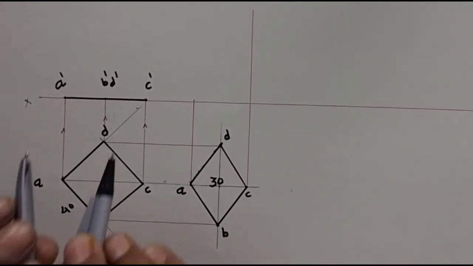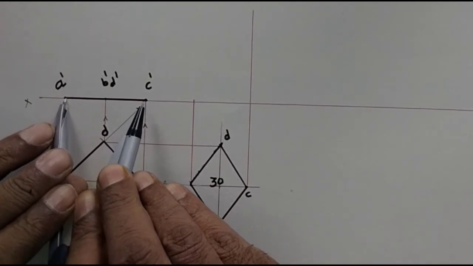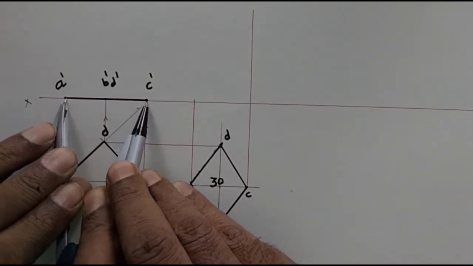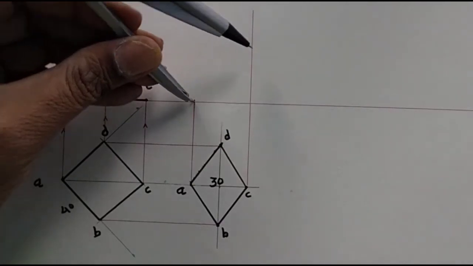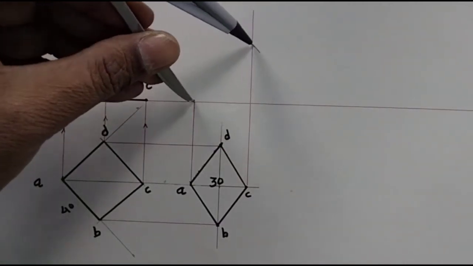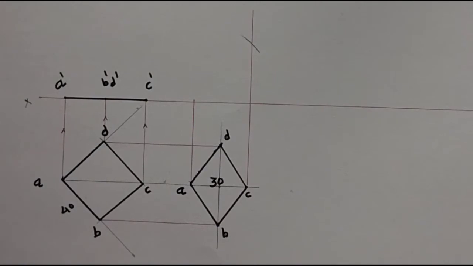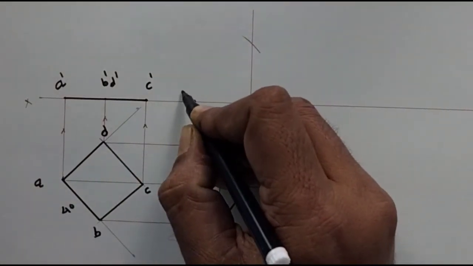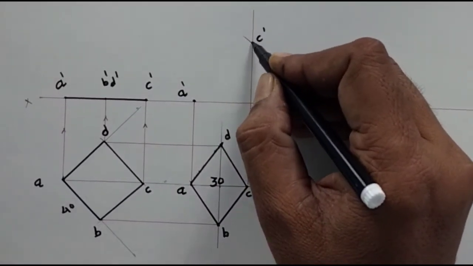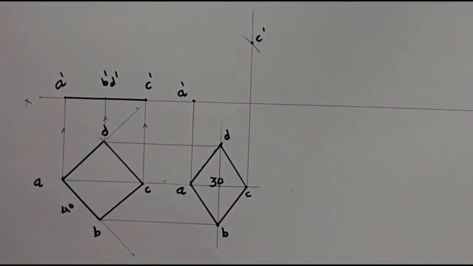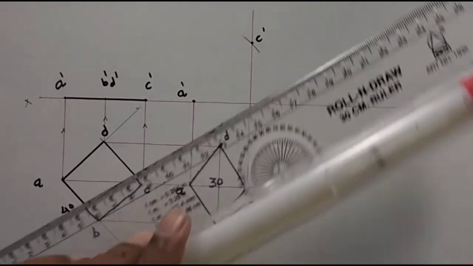So first we select the radius A dash to C dash, center A dash point, and we draw the arc on the projection line. So this is your C dash point. Join your A dash C dash.